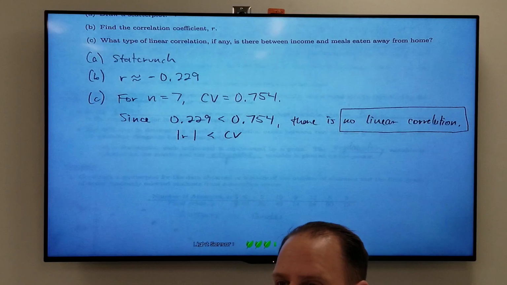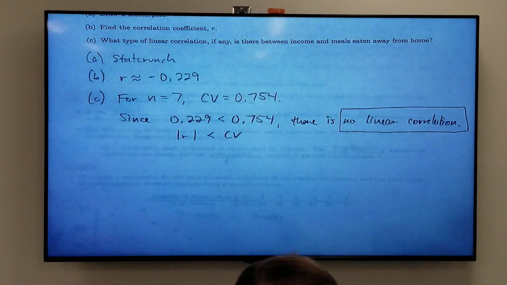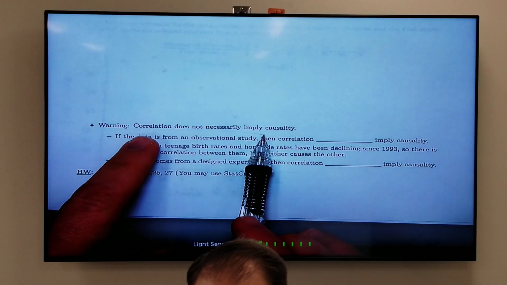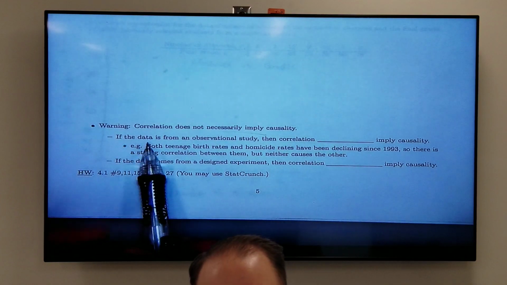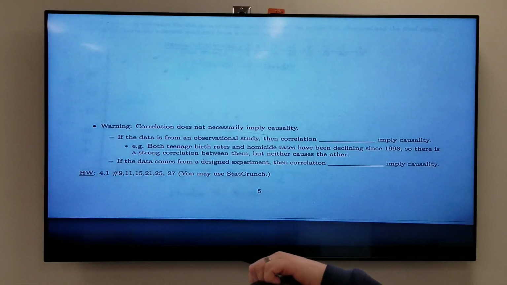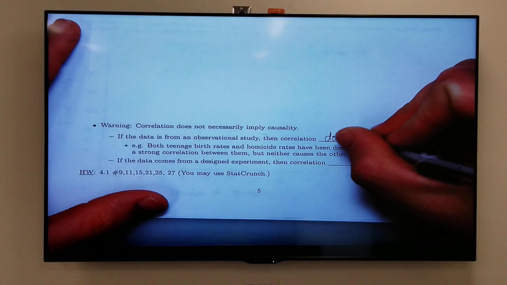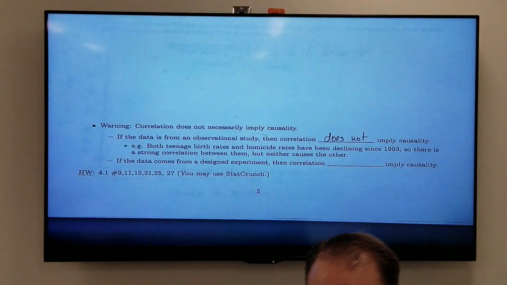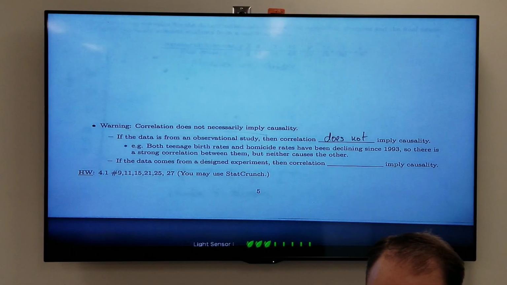One thing that we've talked about before when we were talking about designed experiments versus observational studies is we said correlation does not necessarily imply causality, right? So we'll reiterate that again here. If the data is from an observational study, then correlation does not imply causality. And I think I gave this example when we went over that section, but it's kind of an interesting thing.